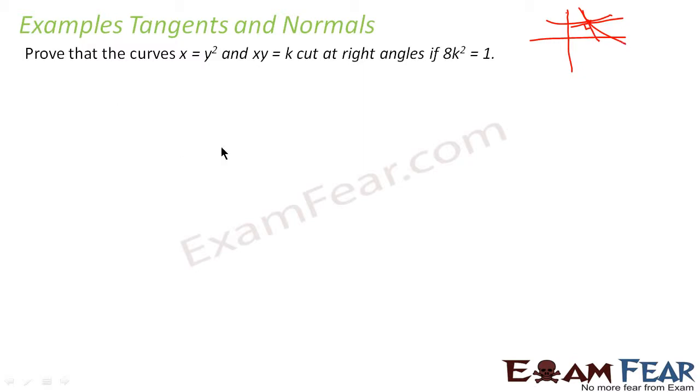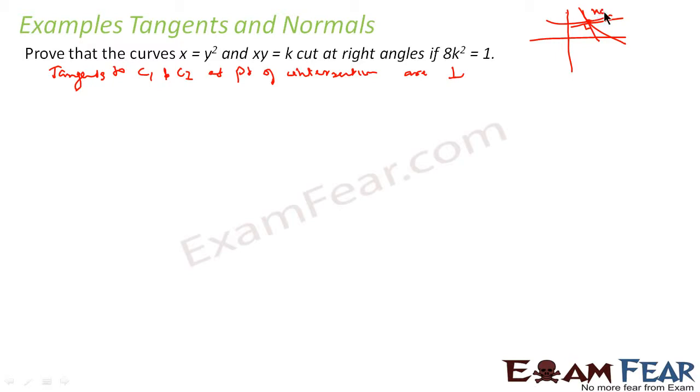This means nothing but tangents to curve 1 and curve 2 at the point of intersection are perpendicular. That means you have two curves, they meet at some point.